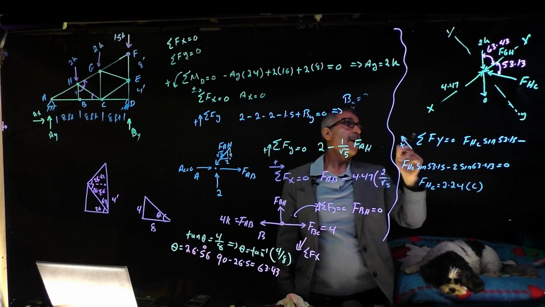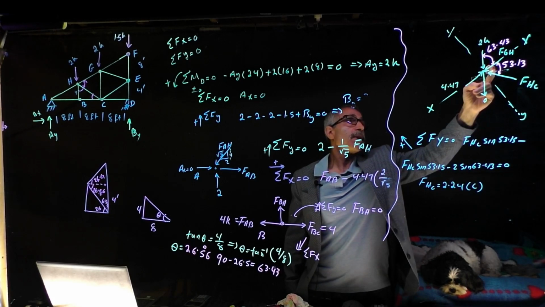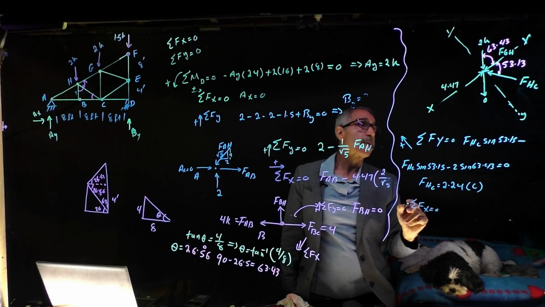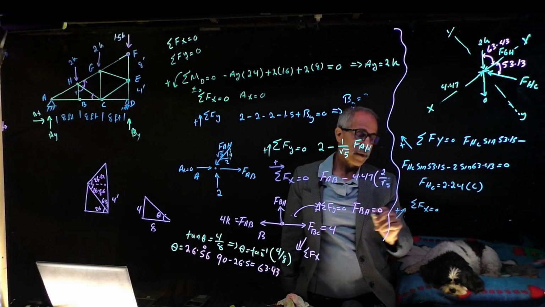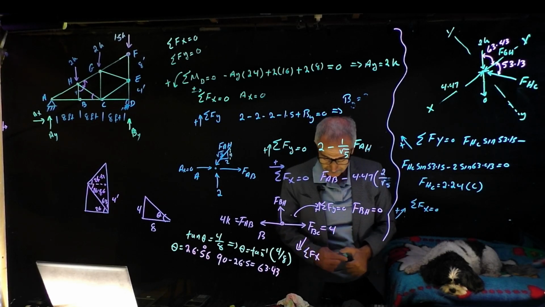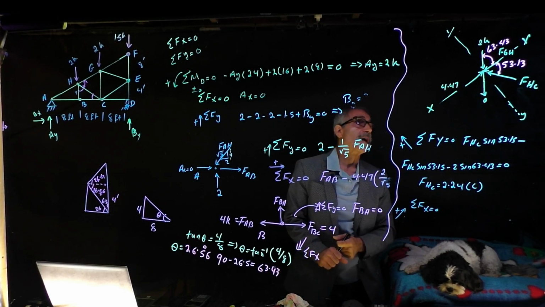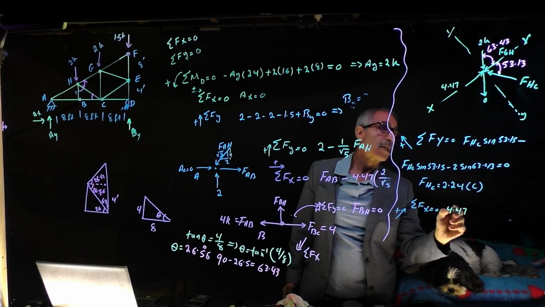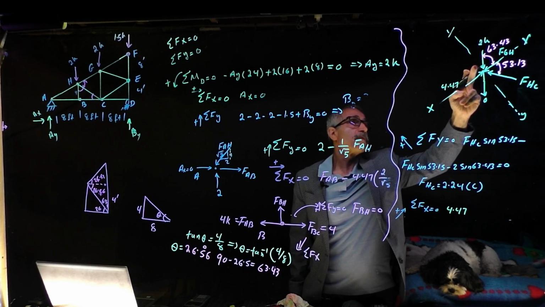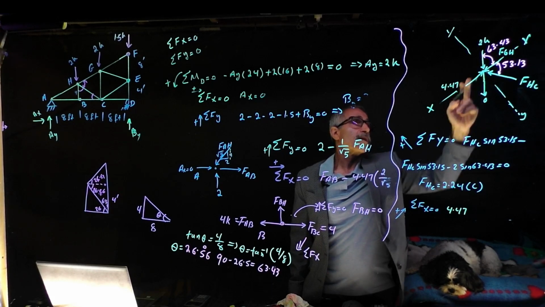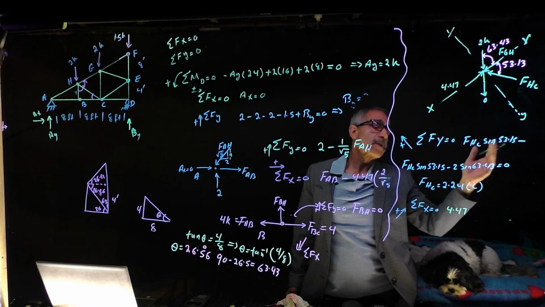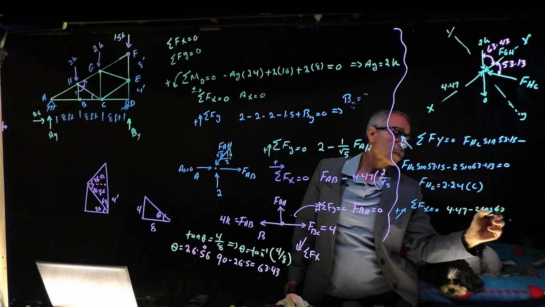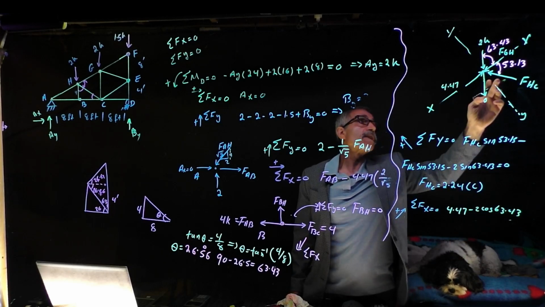There. Now I can go ahead and calculate this other one. Summation of F of x is equal to 0. Going this way is positive right there. And then I have 447, and then that has to have the 2. It's going to be that way, so it's going to be minus 2 cosine 63.43. And then I have this one.